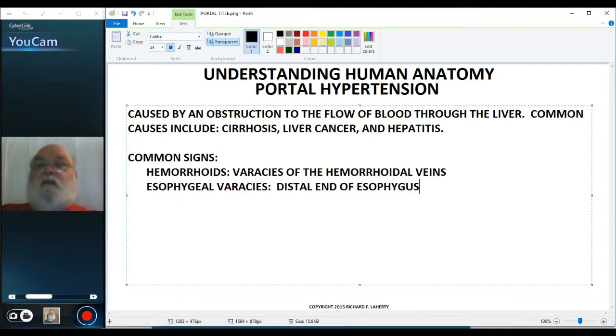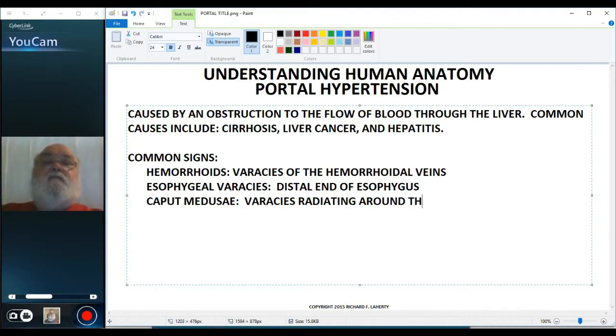Another sign that you see usually in severe liver disease is a sign called caput medusae. Literally translates into Medusa's head. And what you see are varices radiating around the umbilicus.